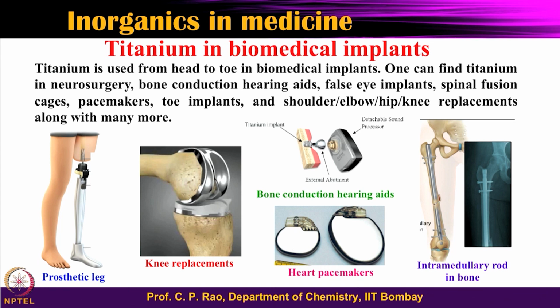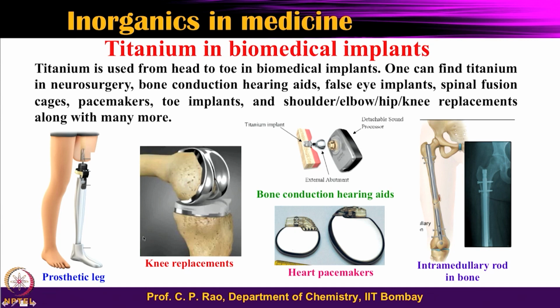It is used in, of course, spinal. It is used in joints, knee joints, etc., neurosurgery. So, almost every facet of human life, there is a role of implants, and even the pacemakers. So, pacemakers which are used to support the heartbeats.